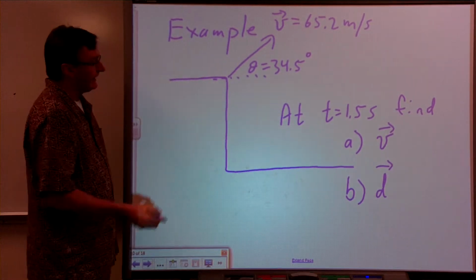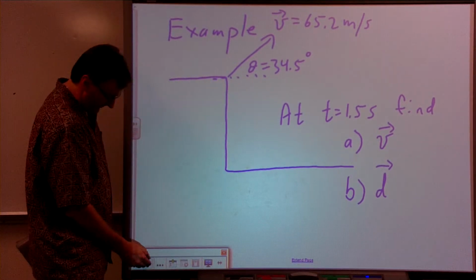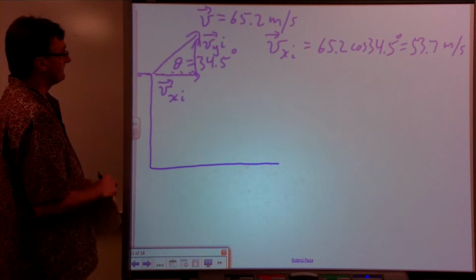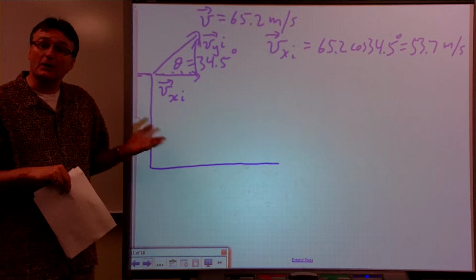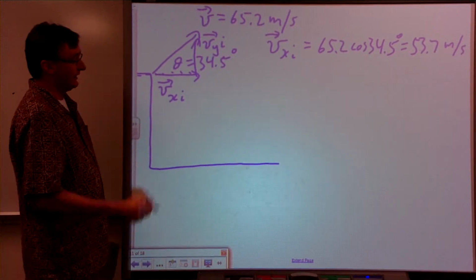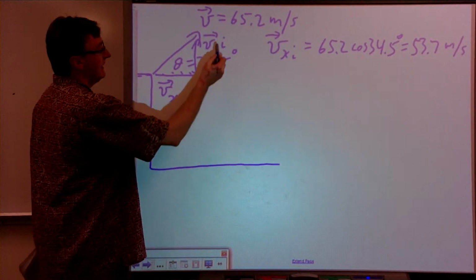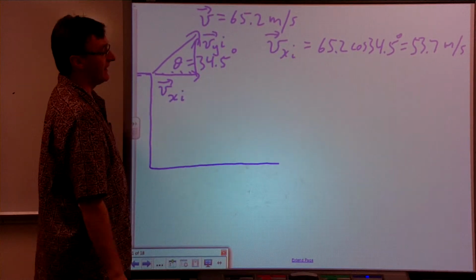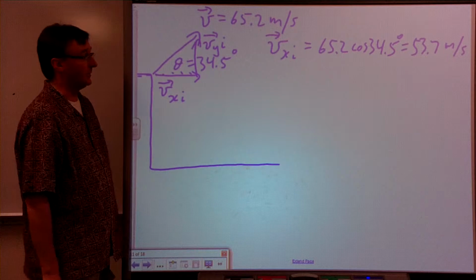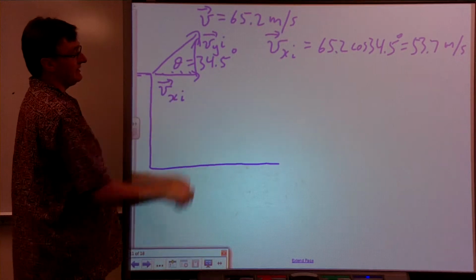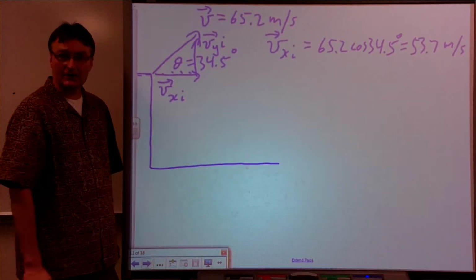All right. So again, start with our diagram here, and then just write down what it is that we know. Well, the velocity in the x direction is just going to simply be 65.2 cos 34.5 degrees. So that'll be the x component of our initial velocity.